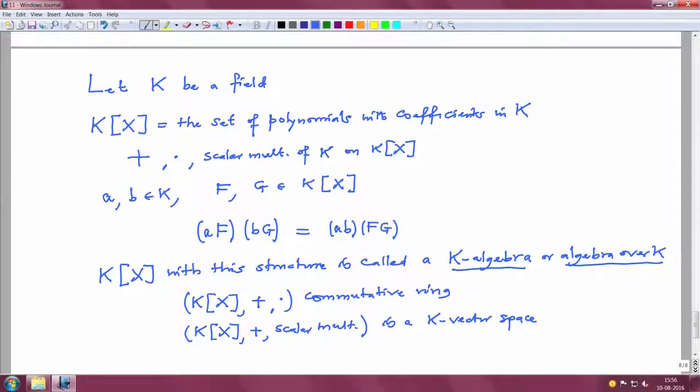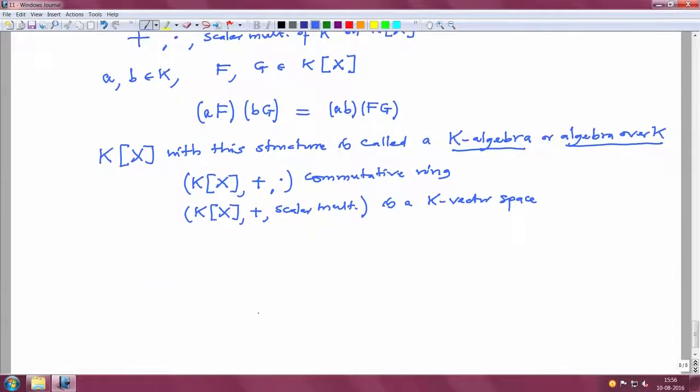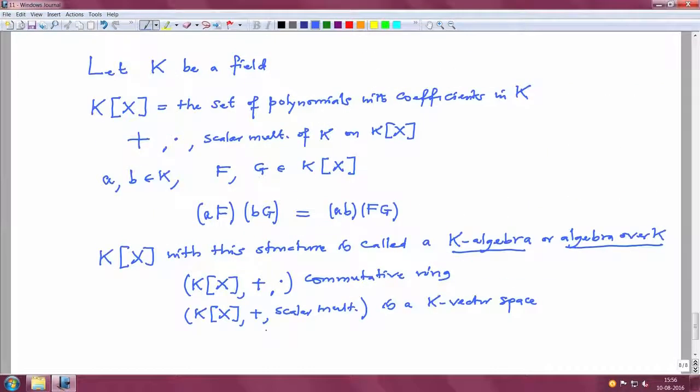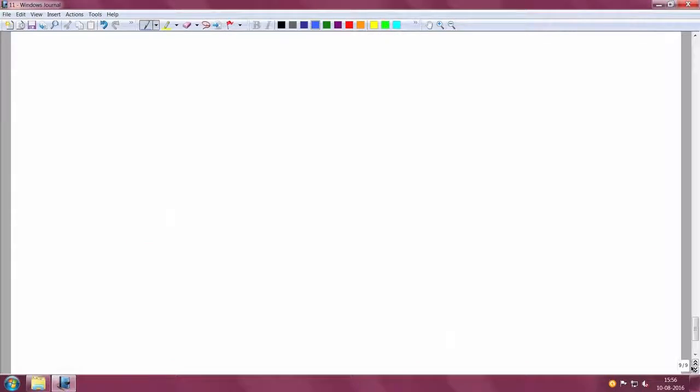Okay. Further, I will also discuss prime polynomials. Prime polynomials in K[x] are the polynomials, these are irreducible polynomials.